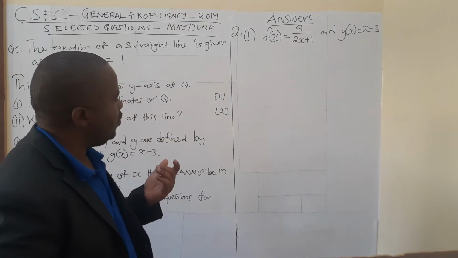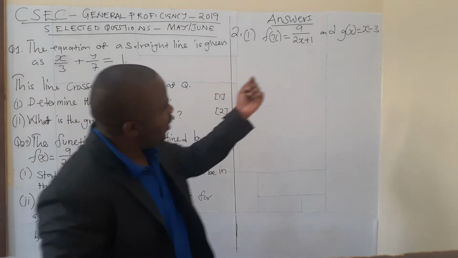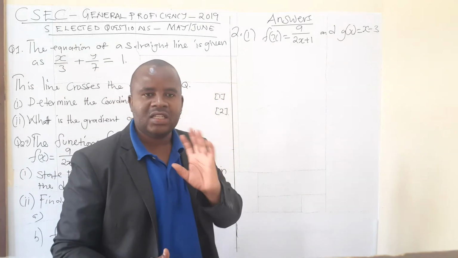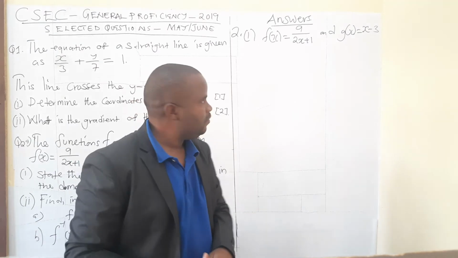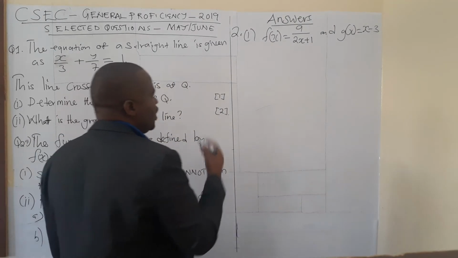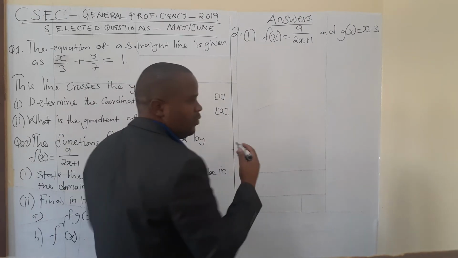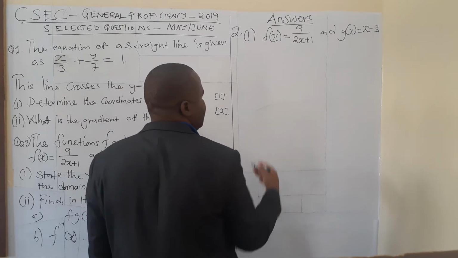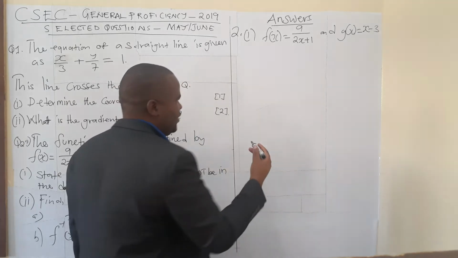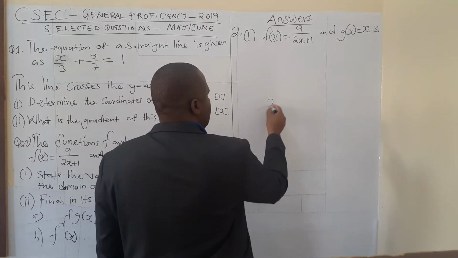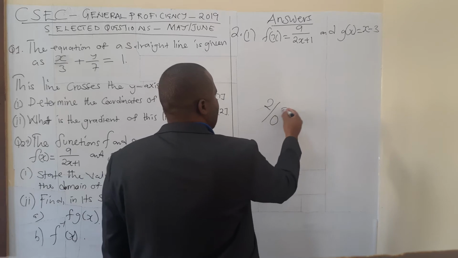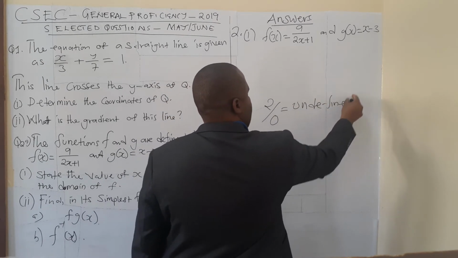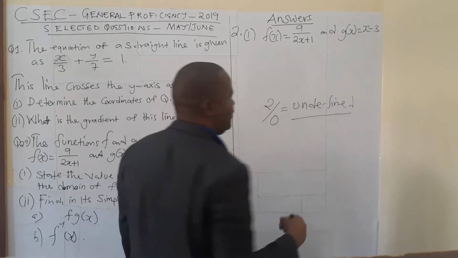So what we are trying to do here is, what value of x are we going to select so that the entire function does not exist? We know from primary school that if you divide any number by 0, let's say 2 by 0, this is undefined.